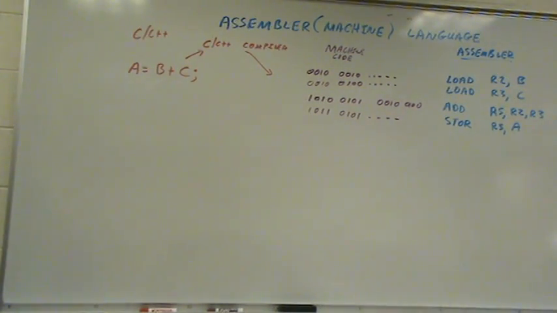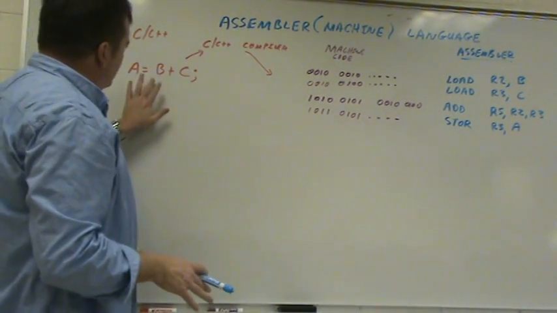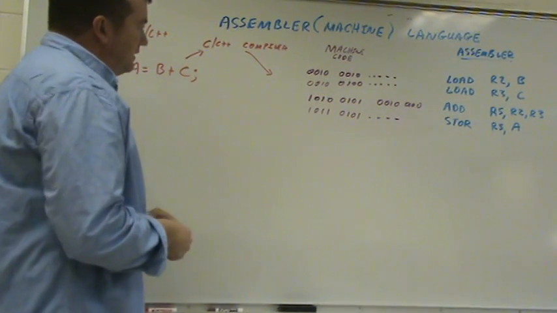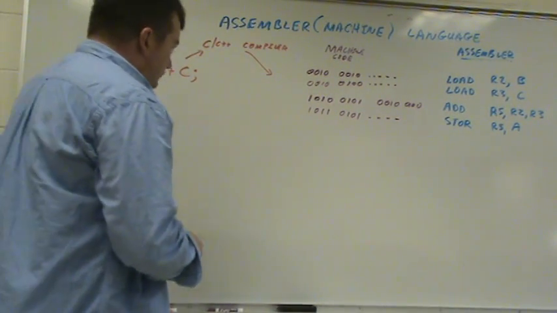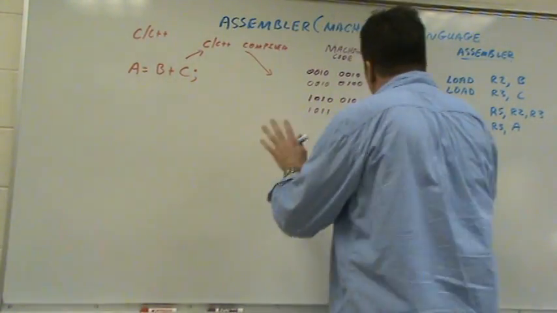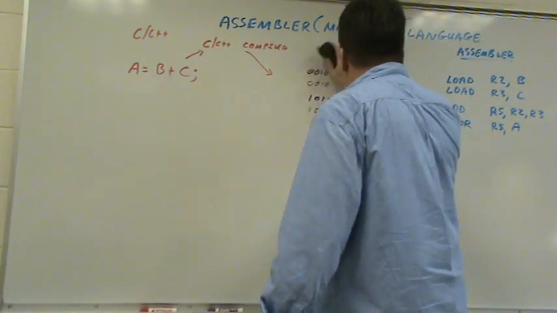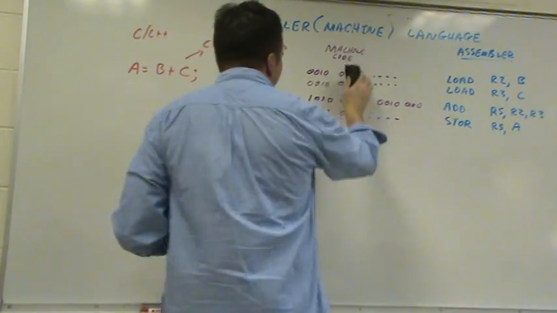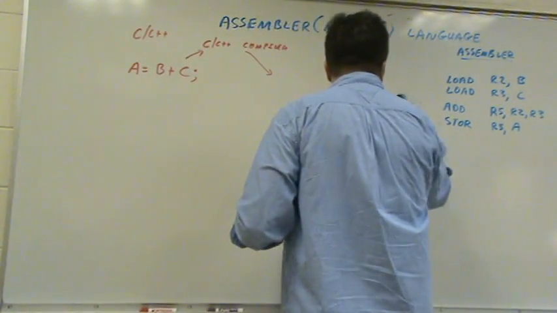So now the question is, can we take all the things we do in our high-level languages and generate corresponding machine code to run that program? Forgetting about the machine code, I'll just write it from now on as assembler, because it looks a little more like English, something we can understand.